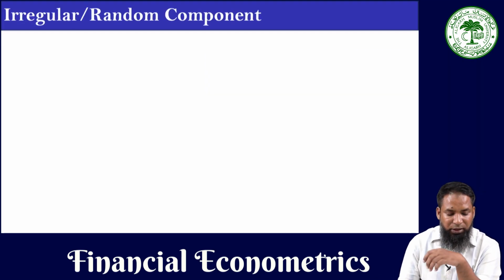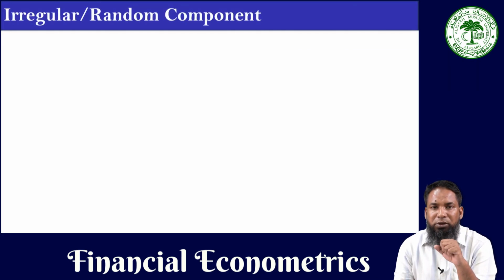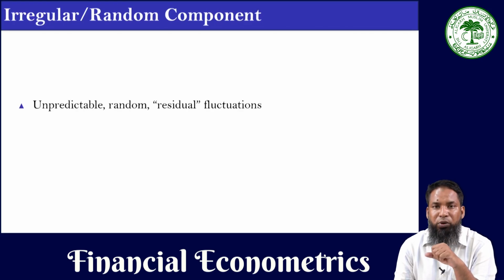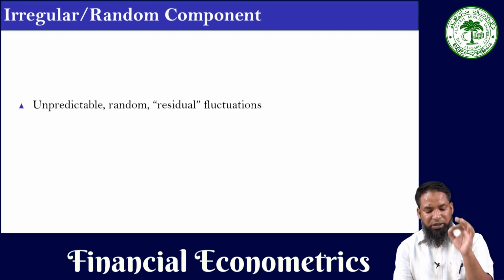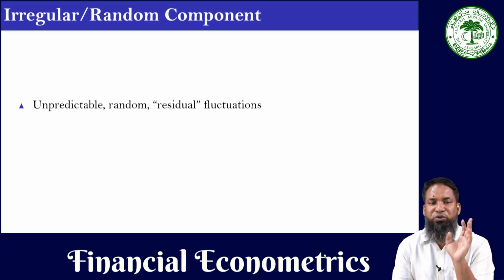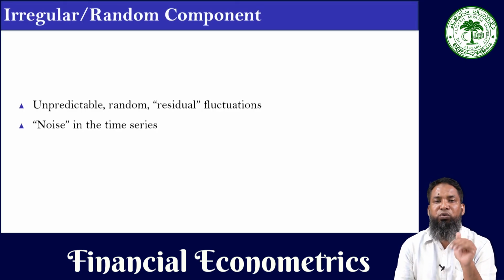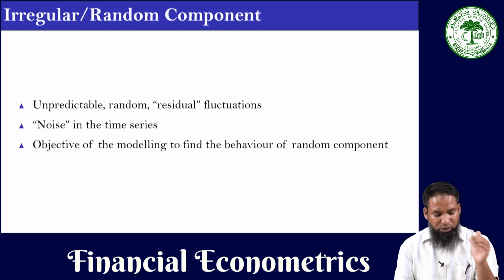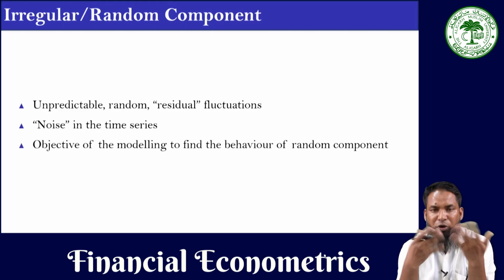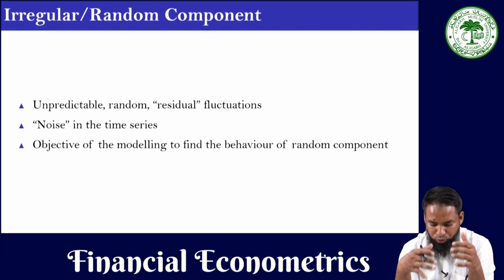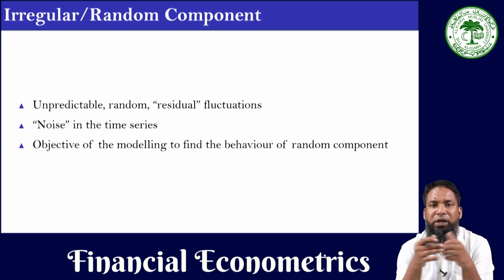Then the last component is the irregular component, or the random component. Basically it is unpredictable, random, residual fluctuation, what we call the noise in the time series. A broad objective of modeling is basically to know the behavior of this random component.